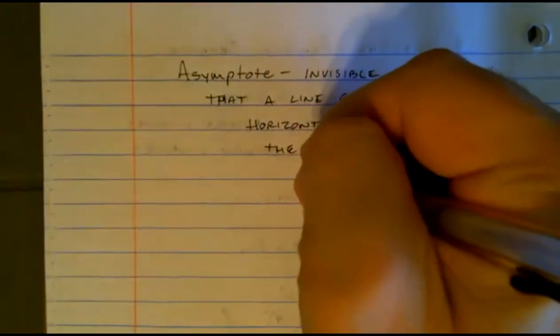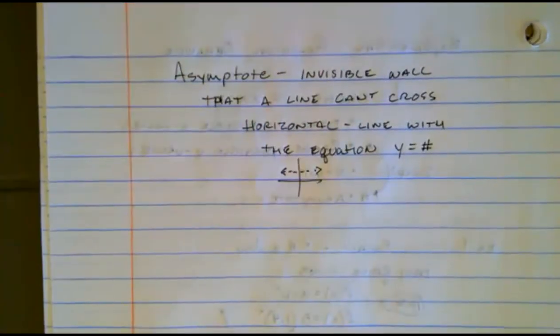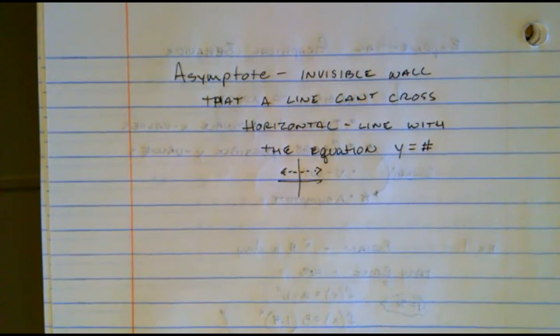Horizontal asymptotes are y equals equations. They move like that. That's a horizontal asymptote. It's not restricted to a graph. We're not really looking at it; we're just thinking about what an asymptote is. It's an imaginary line, an imaginary wall that the line can't get across. It can't ever actually get to it. It just gets near it and then rides it.